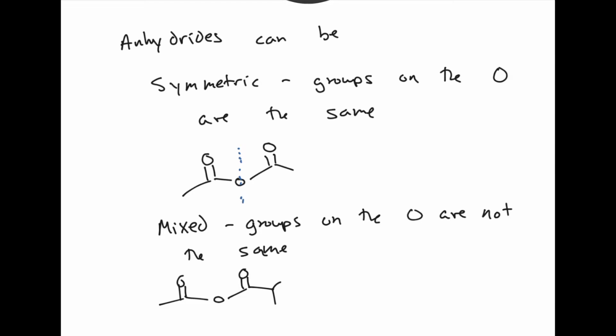So mixed anhydrides, the two groups aren't the same. I'm going to show you one way to make anhydrides, and we're actually going to make them from acid chlorides. This is a way to make mixed anhydrides.